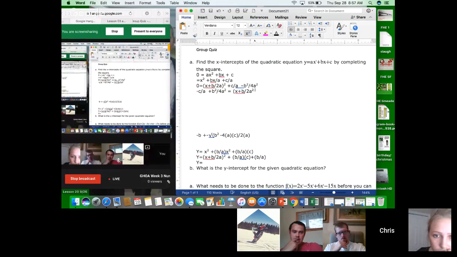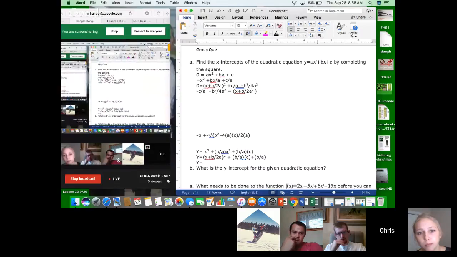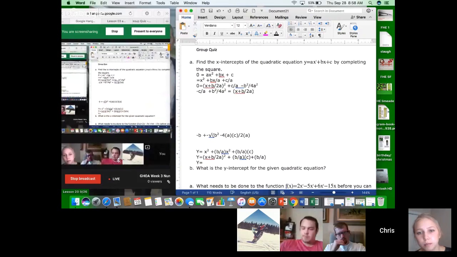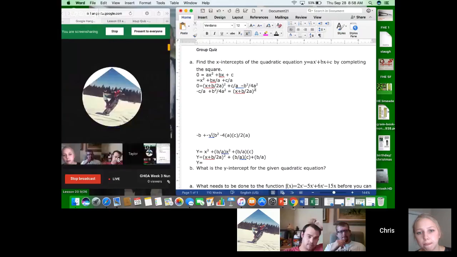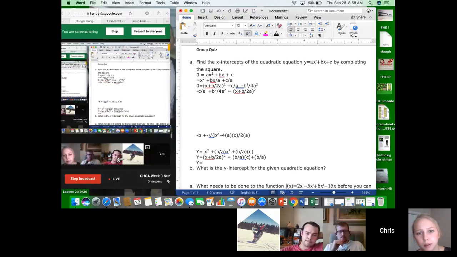Okay. Makes sense. I'll put the squared on the outside. Yeah, on the outside, you're right. And then you could get rid of the exponent by square rooting it. Yes, square root the other side.